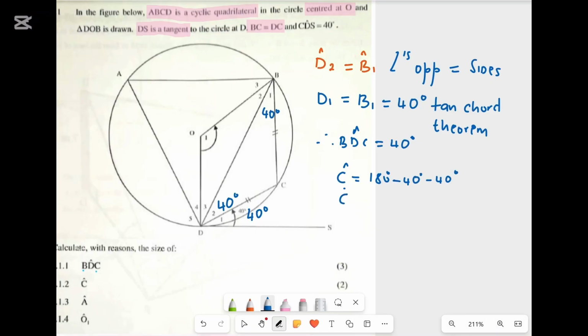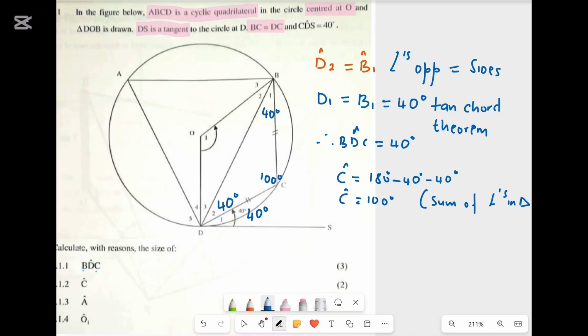So angle C will be 100. Why? Sum of angles in a triangle. So angles in a triangle add up to 180. So if B1 is 40 and D2 is 40, that simply means angle C will be 100 degrees. After you have calculated an angle, it is very important to write that angle on your diagram.